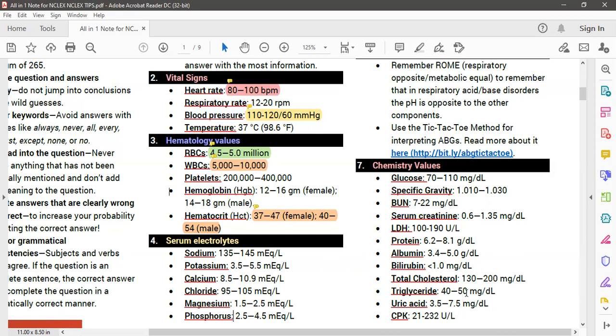Now let me talk about some electrolytes like sodium, potassium, calcium, chloride, magnesium, and phosphorus. Sodium, the normal range is 135 to 145 milliequivalent per liter.